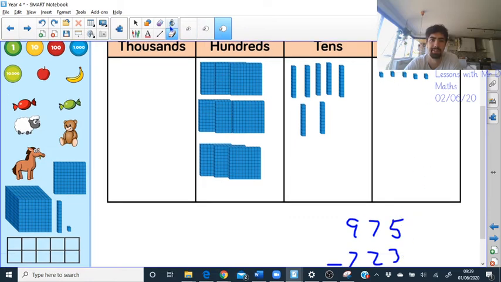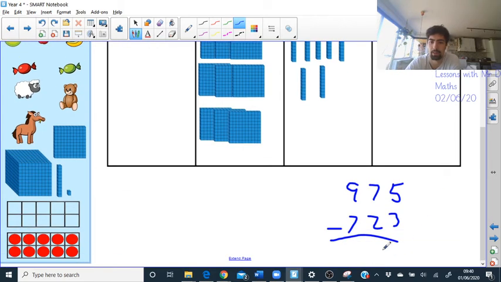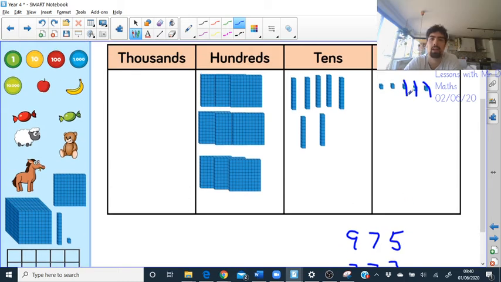So what I can do with those ones is just cross them out. Cross out 3. So I'm taking away 3. 5, 4, 3, 2. And I've got 2 ones left over. Super, done. Nothing else to do in that column. Tens.